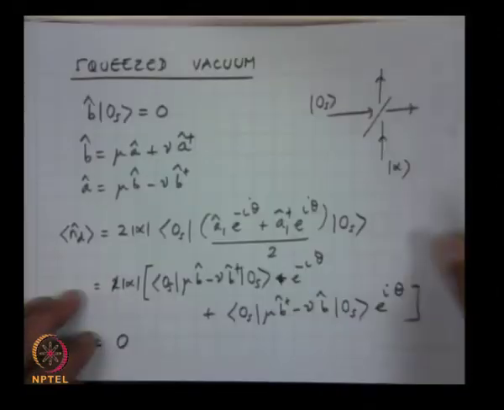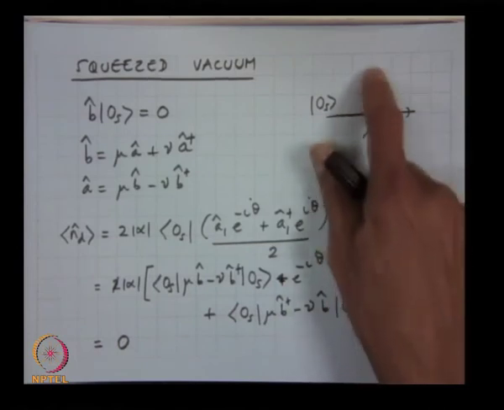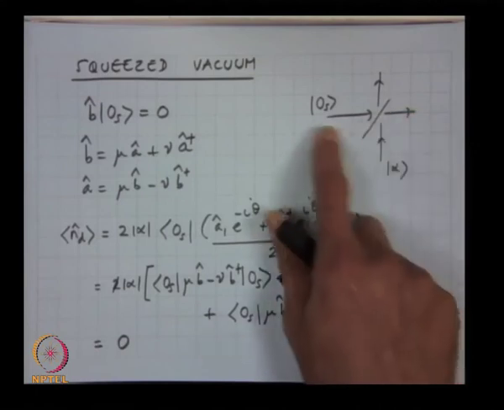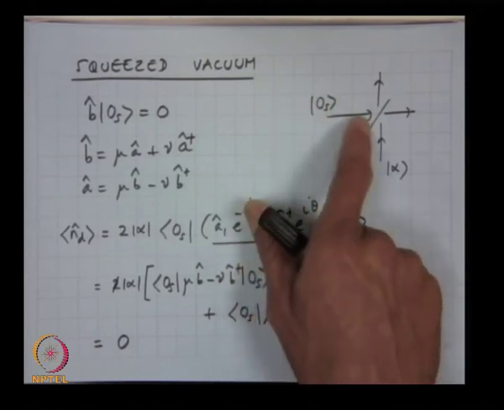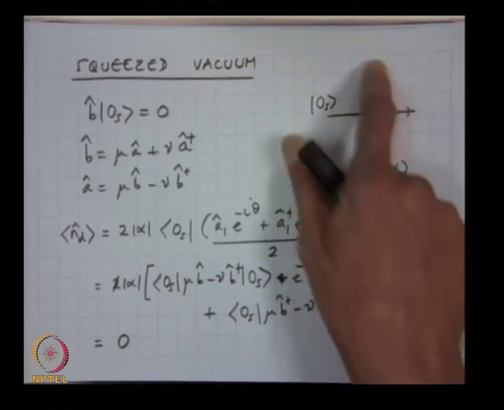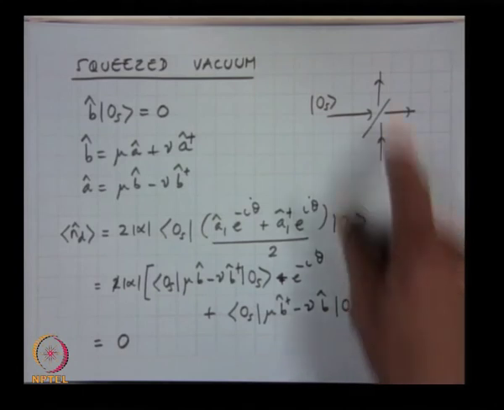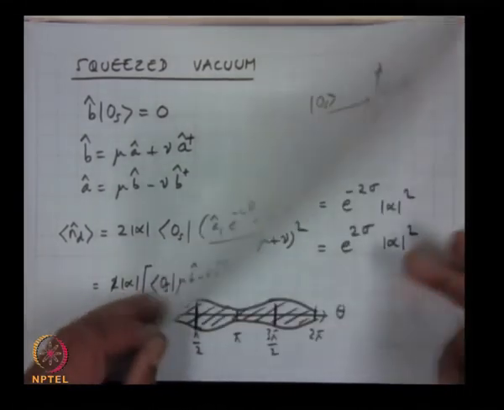Please note, if I put nothing here and put only alpha here, this particular one has a variance of mod alpha square, because nothing is vacuum state. If I put in squeezed vacuum state here, then depending on the phase which I choose, I will see a noise much below mod alpha square, depending on the amount of squeezing, which depends on the value of sigma.